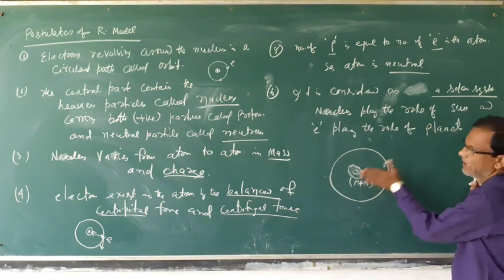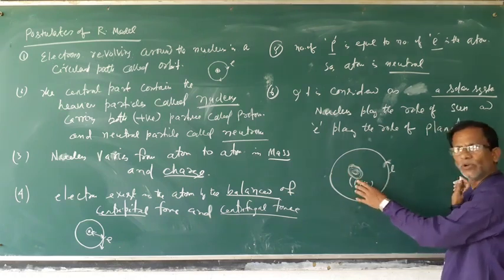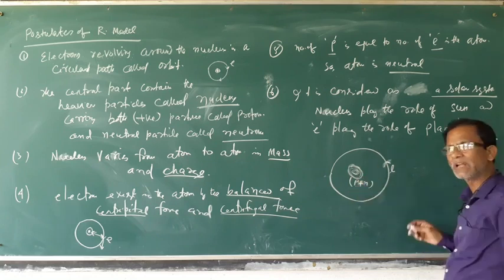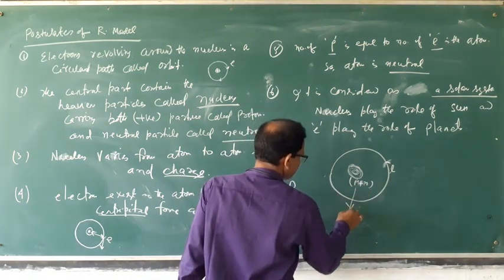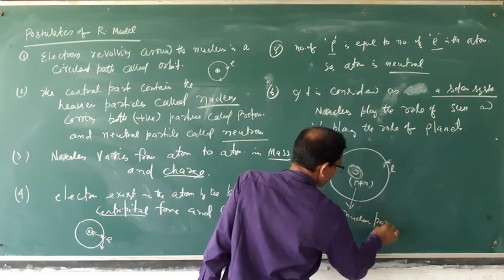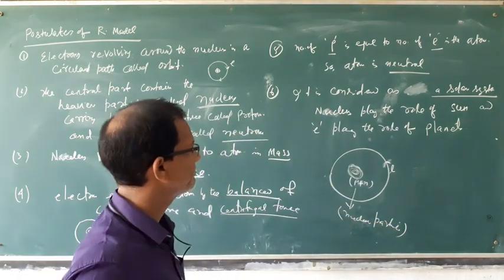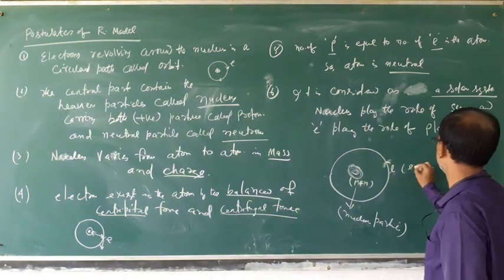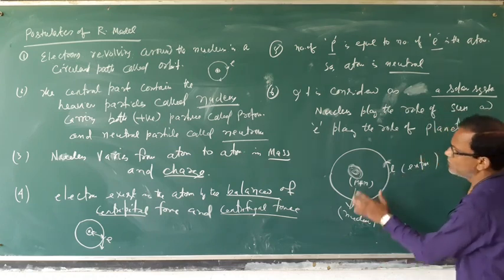So electrons are outside the nucleus, and inside the nucleus proton and neutron both remain. These protons and neutrons are called nuclear particles, and electrons are extra nuclear particles.